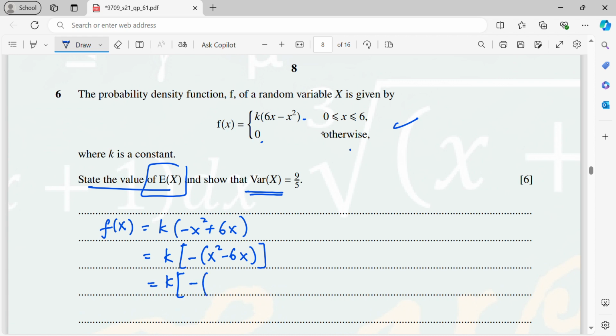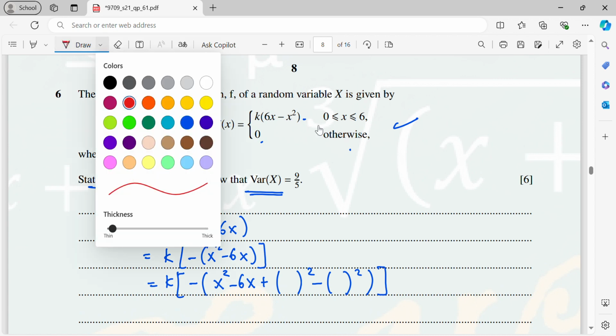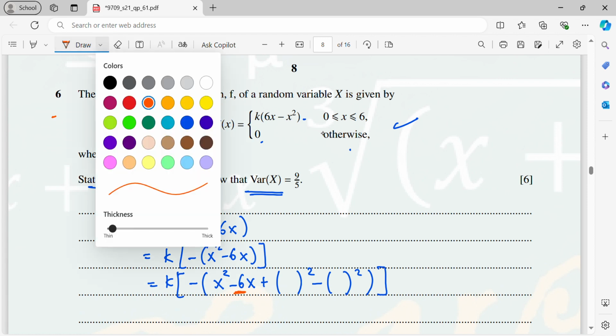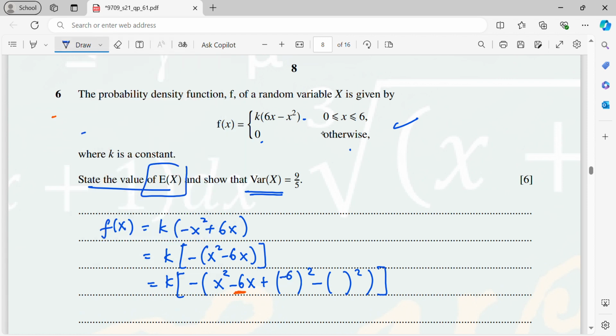I will get negative of the two terms rewritten, and then always plus bracket squared minus bracket squared. The term inside the bracket is the half of the coefficient of x. This is minus 6, so I will write minus 6 over 2. Then it will be k of negative, and this negative I can just combine with the k. It will be easier.